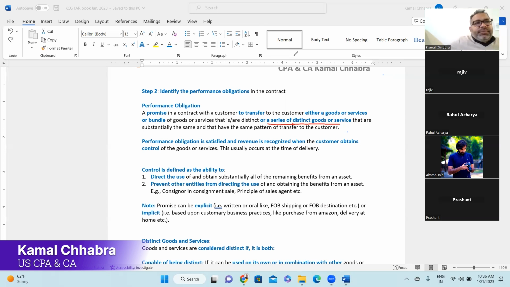So we recognize revenue each day, considering each day we are providing distinct services, and we amortize any credit that we give to the customer over the term of the contract, a distinct service over a period of 3 years, 4 years, depending on the contract.